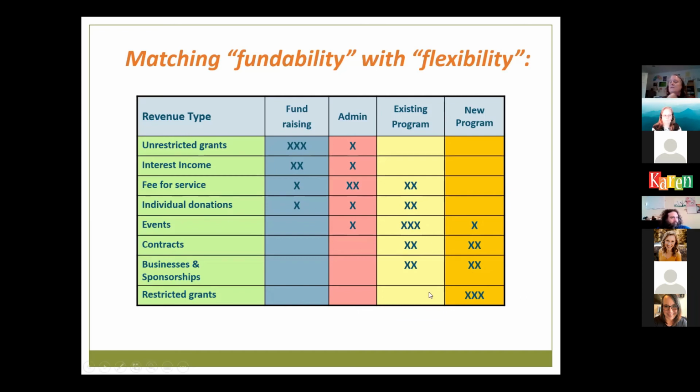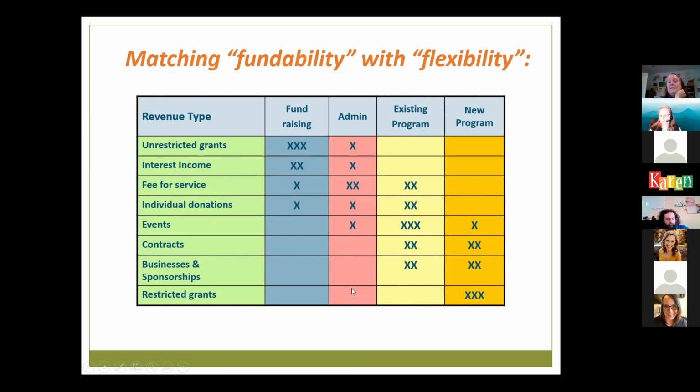Now, what's a little different about DV groups is you have some steady state funding for your programs. And that means that those programs, even though they're existing programs, are still going to get those restricted grants. And you don't have to be quite so savvy on how to develop other revenue streams to pay for those expenses.